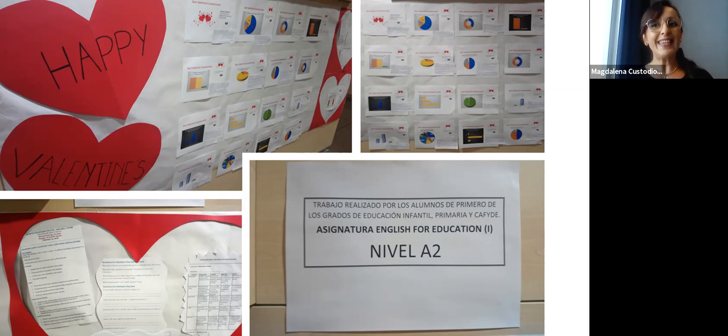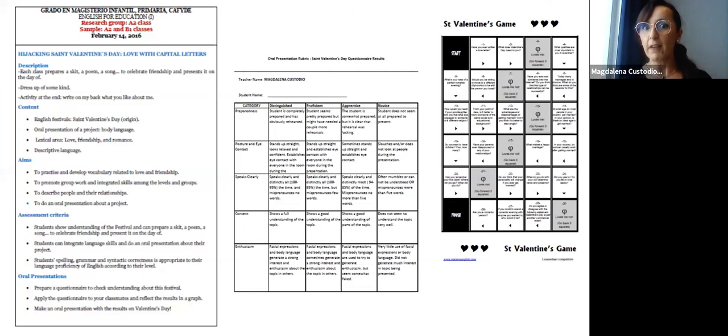Well, low levels need very well thought out tasks and scaffolding, but they are able to do lots of wonderful things and final products. Again, systematically, I give them exposure to the language, in this case playing games, because the idea was to conduct research, then create a questionnaire, questions, answers. So playing a game with questions and answers, they start being familiar with vocabulary and language they will need.